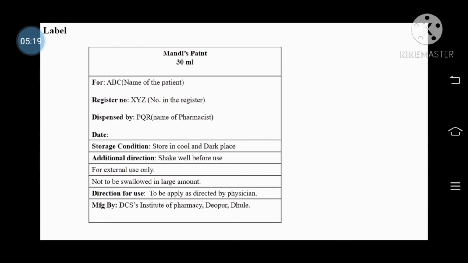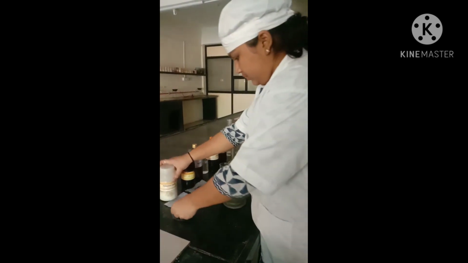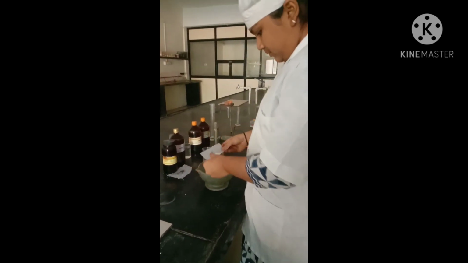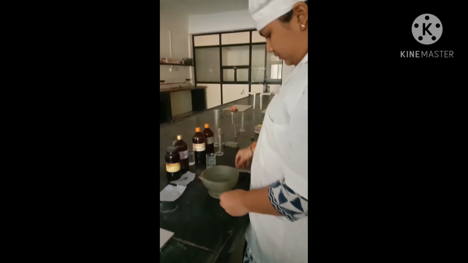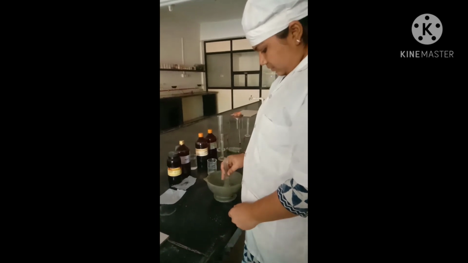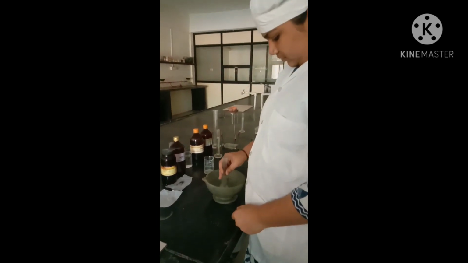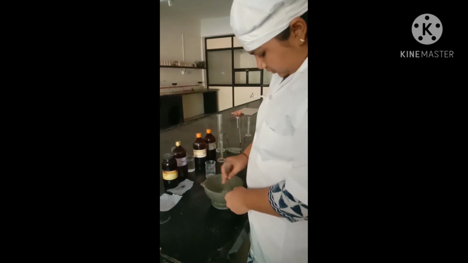Now let's start the procedure of this experiment. Firstly, we take potassium iodide into the glass mortar. A glass mortar is necessary when iodine containing preparations are to be prepared. Properly triturate the potassium iodide.